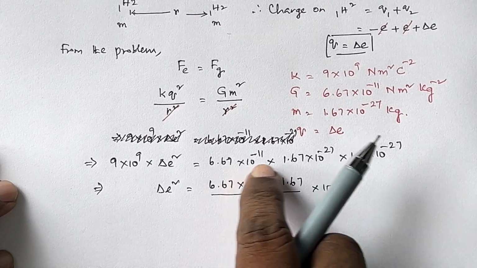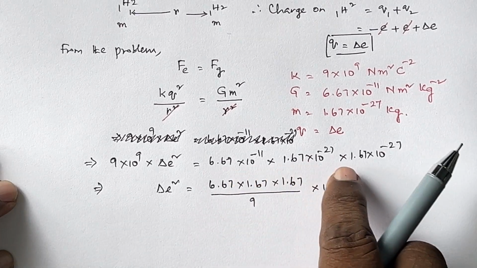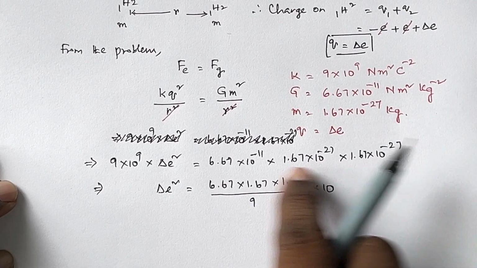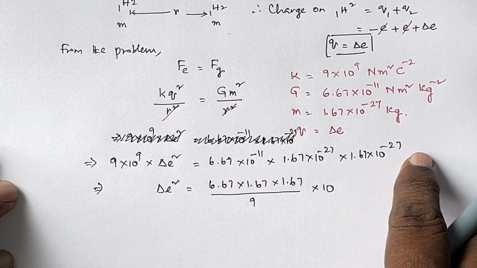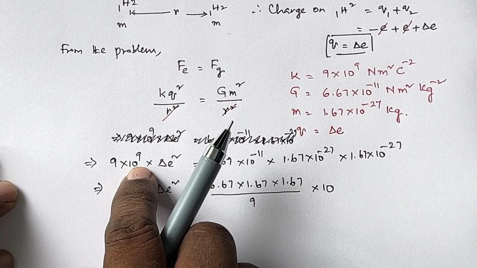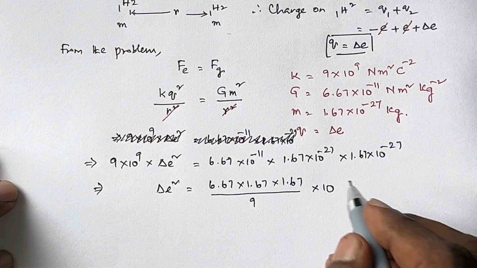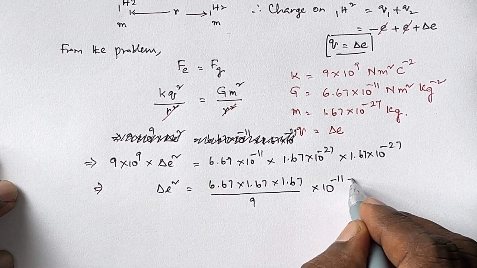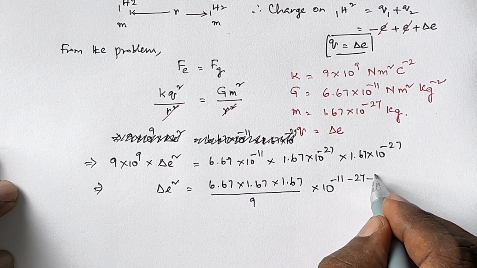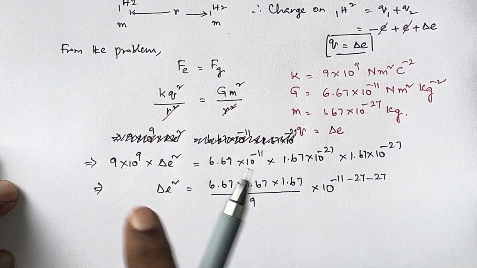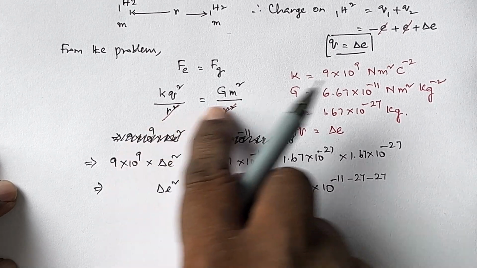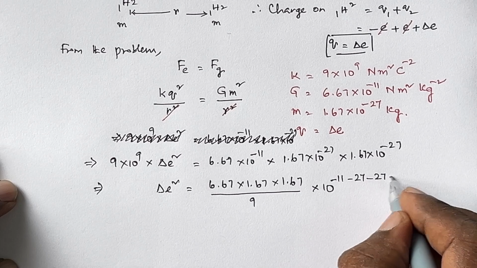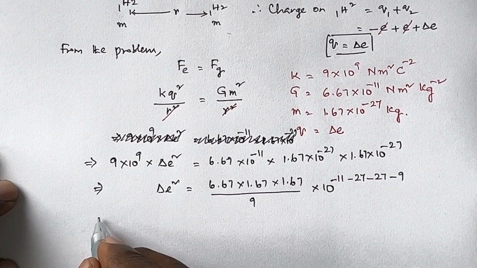So 10 power minus 11, minus 27, minus 27, and this 10 power 9 goes to the other side of is equal to, that also becomes minus 9.